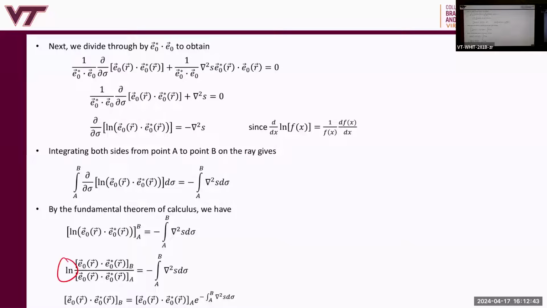Now to get rid of this natural log, we take both sides to the power of E. And we end up with E naught dot E naught conjugate, which is related to the amplitude of E, at B, equal to E naught dot E naught conjugate at A, multiplied by E to the power of minus the integral from A to B of the Laplacian of S d sigma. All right? So we're getting somewhere, but there's still this integral of the Laplacian to deal with, right?